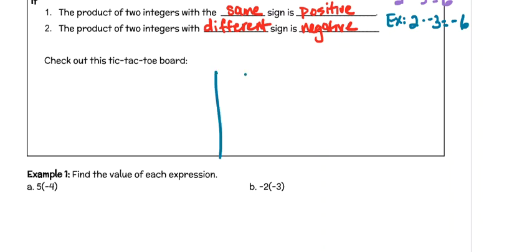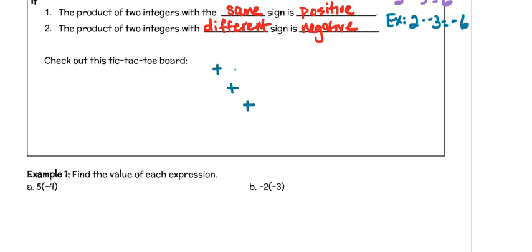So create a tic-tac-toe board. Actually, you don't even need to create a tic-tac-toe board. What I tell students to do is do a positive going diagonal like this.